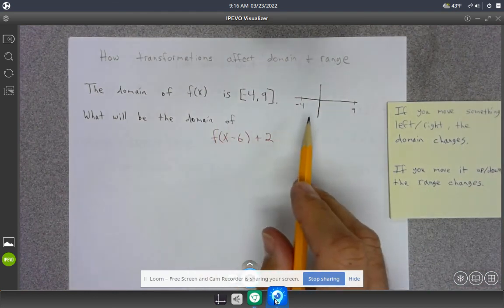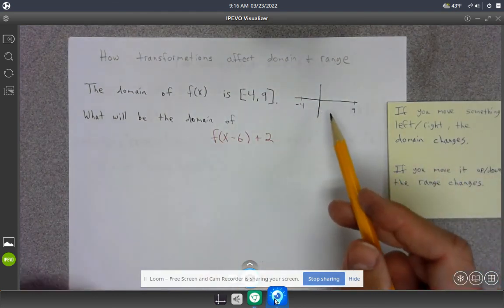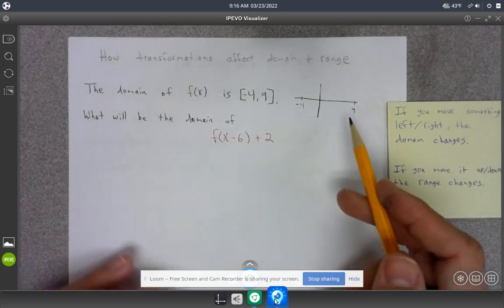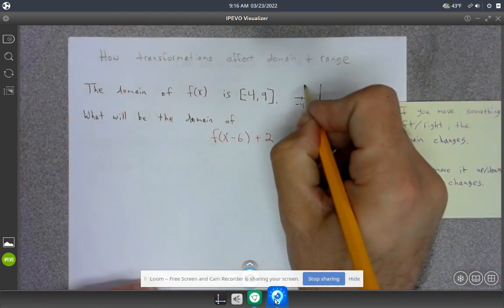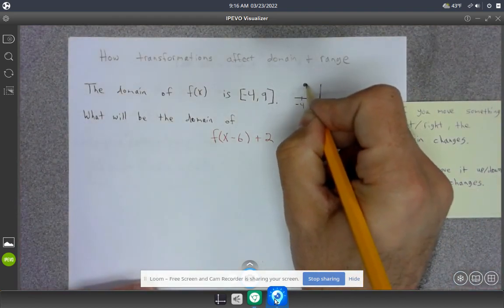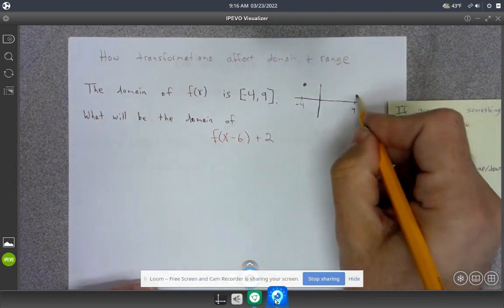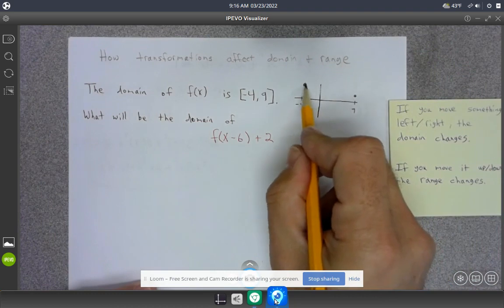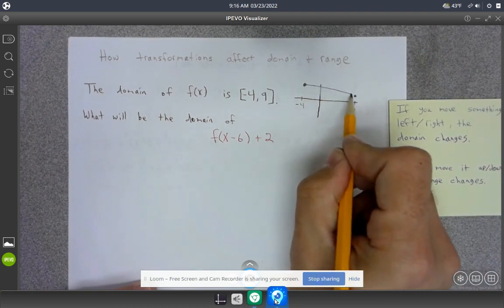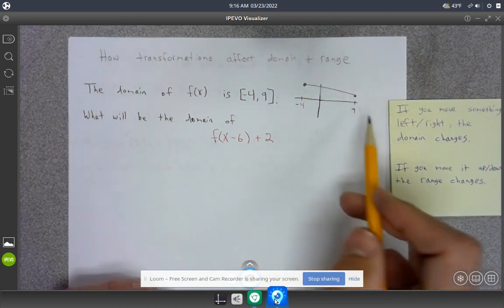We don't actually have a definition for this function, like a rule or a graph, but I can make a graph pretty easily. So I'll put a closed dot at -4 because it's a bracket, a closed dot at the 9, and I don't know what it's doing in between here, but I know that it goes from -4 to 9.